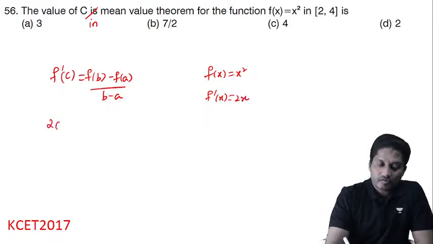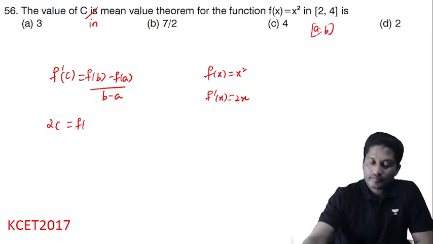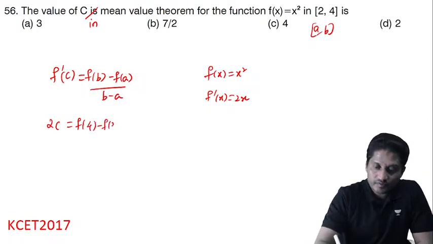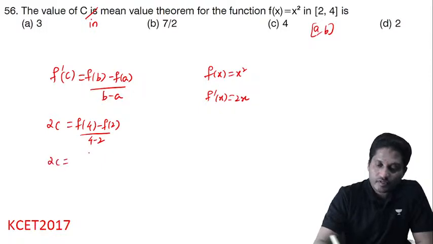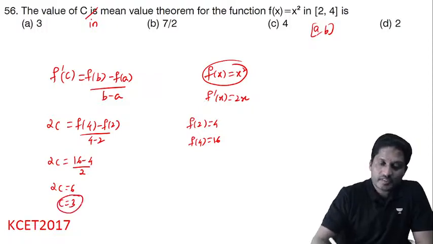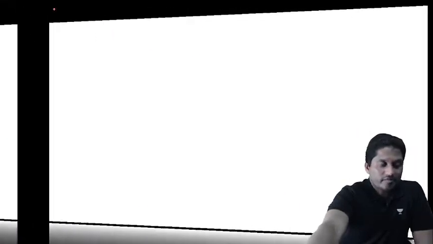F dash of C is equal to 2C is equal to f of B minus f of A, that is f of 4 minus f of 2, by B minus A is equal to 4 minus 2. F of 2 is 2 square, 4. F of 4 is 4 square, 16. 16 minus 4 divided by 2. 2C is equal to 6, C equal to 3. Obviously 3 belongs to open interval 2, 4, right?